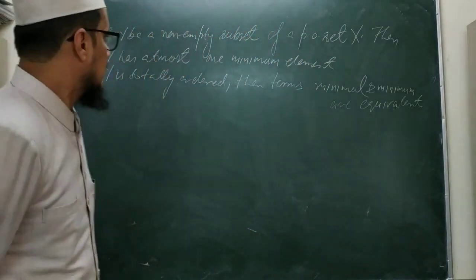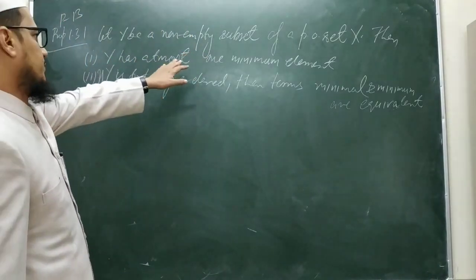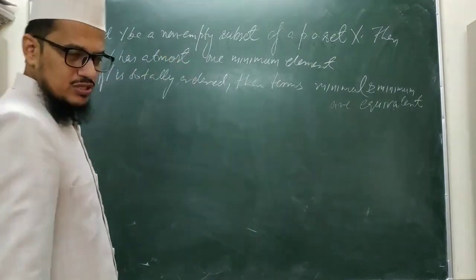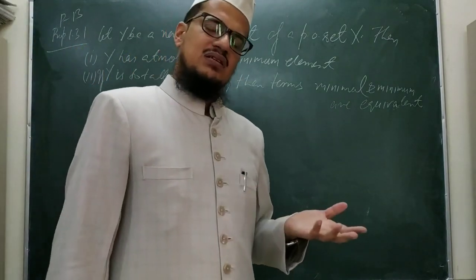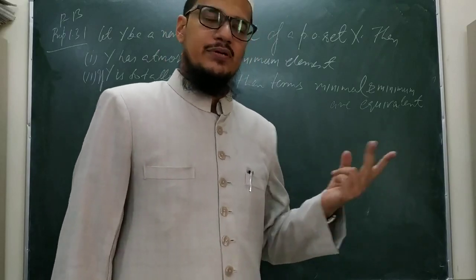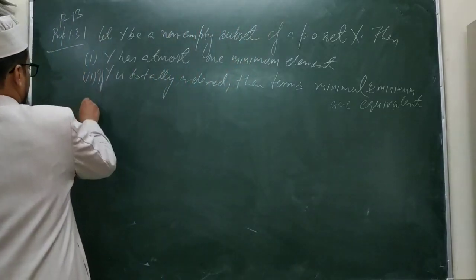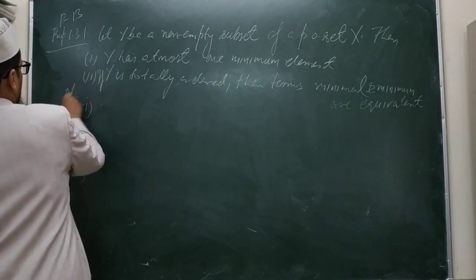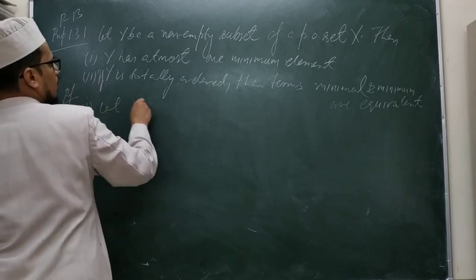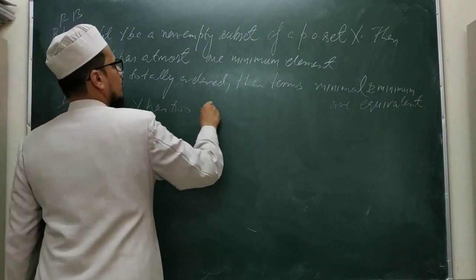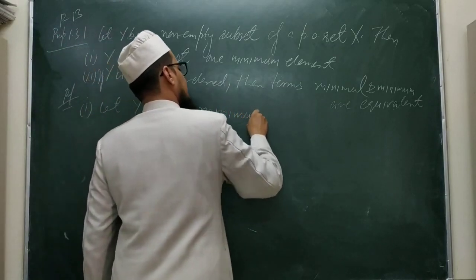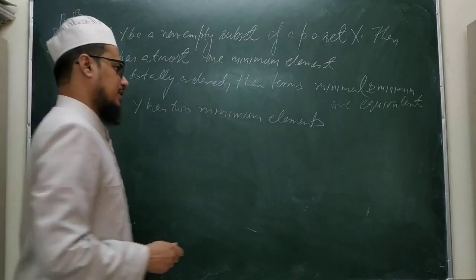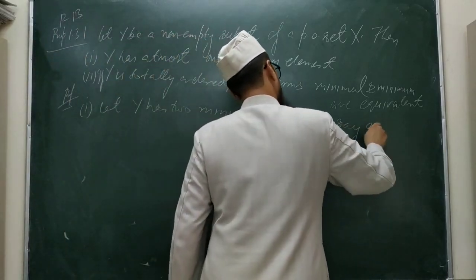This is the problem: Y is a non-empty subset of partial ordered set X. Then we have to show that Y has at most one minimum element. For this, just assume that Y has two minimum elements, say A1 and A2.